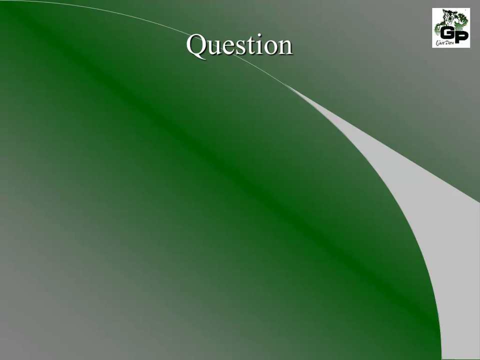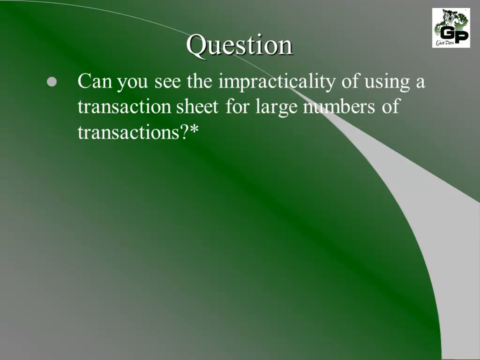You can see that it's very impractical to use transaction analysis sheets in the real world. There are thousands and thousands of transactions, and the number of numbers that you would have to write down is just not practical.